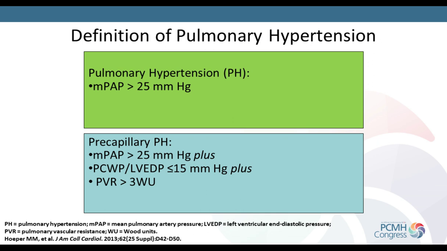So you have high blood pressure in the lungs, but it's actually coming from the heart because it's a back pressure. And we call that postcapillary pulmonary hypertension. And we use some of these numbers to define pre- versus postcapillary pulmonary hypertension. And the workup then becomes very critical in trying to distinguish those and making a determination about treatment.